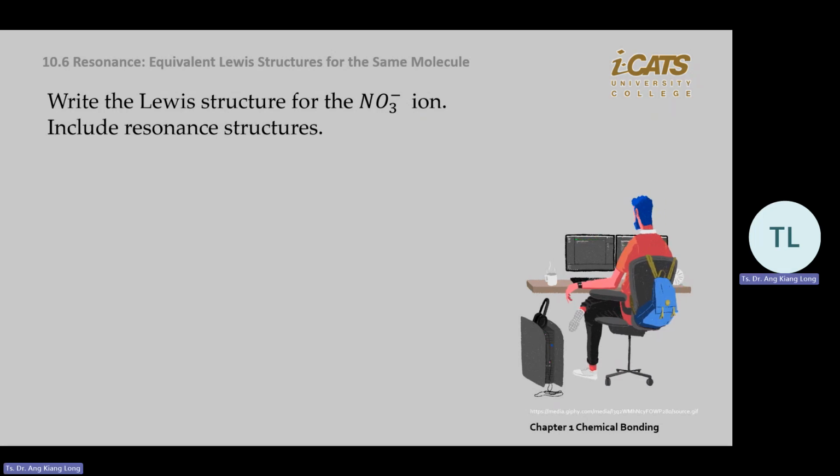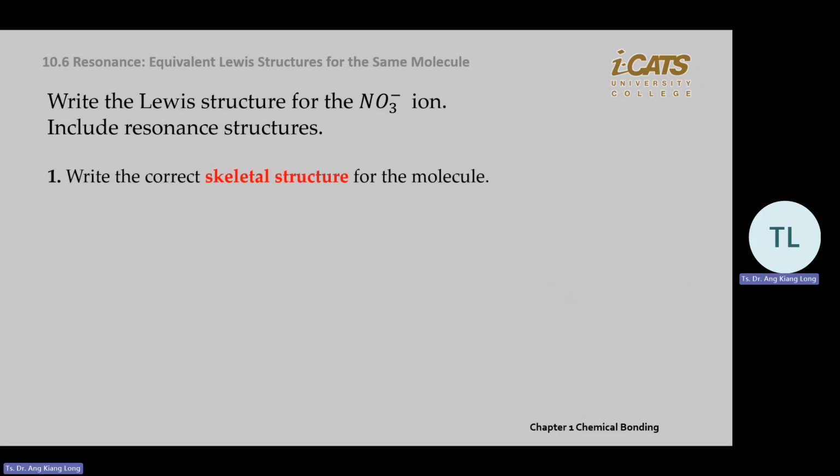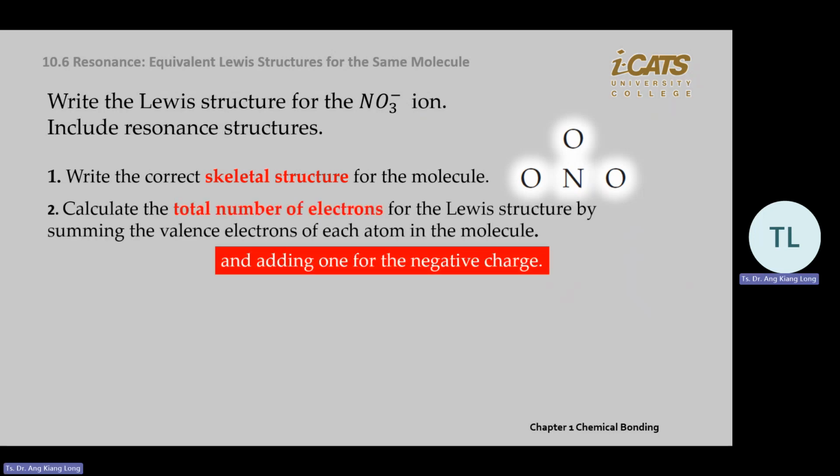For info, in your test 1 or final exam, you will be seeing more than 2 Lewis structures. So you need to think a little bit in the exam: what other combinations do you have? Just to show you the steps: first, build the skeletal structure. Second, count the total number of electrons.